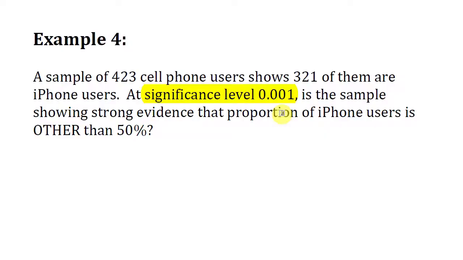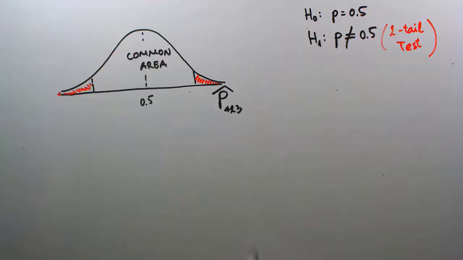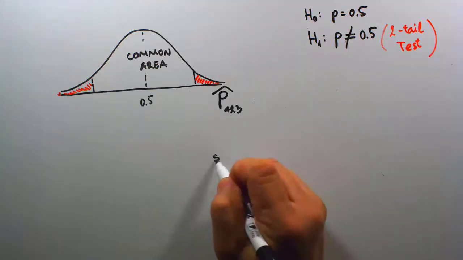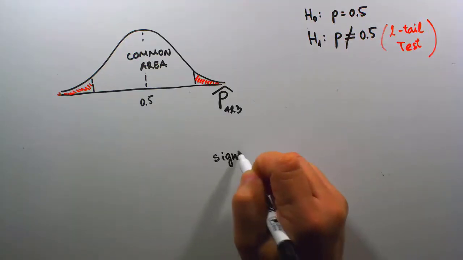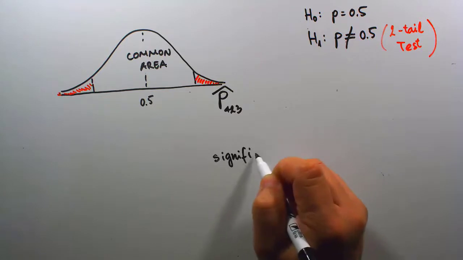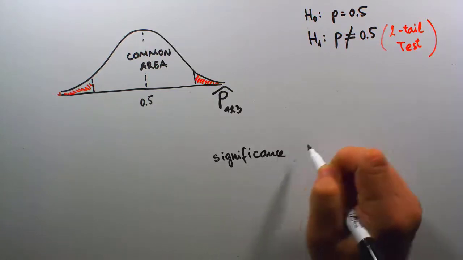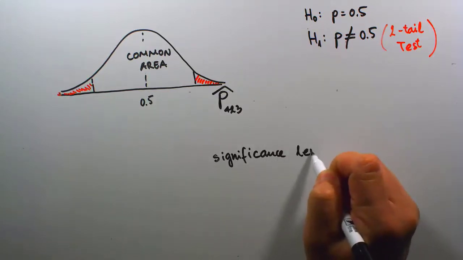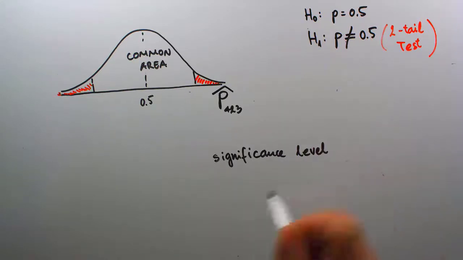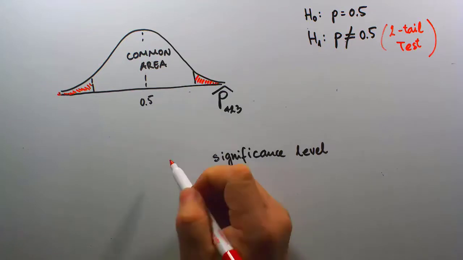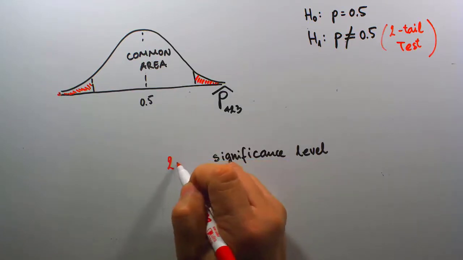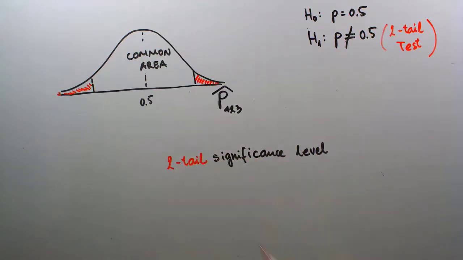Once we have identified that our problem is a two-tailed test, the given significance level is specifically understood as a two-tailed significance level.